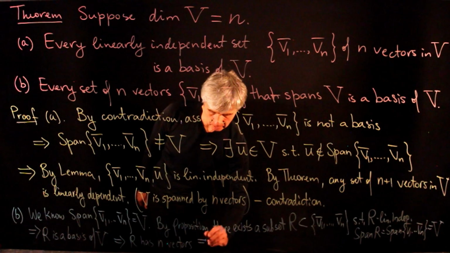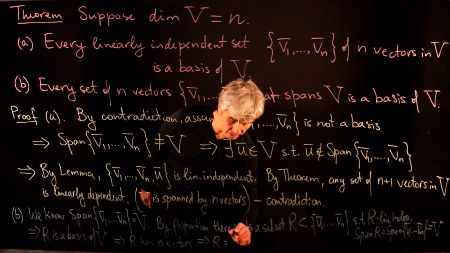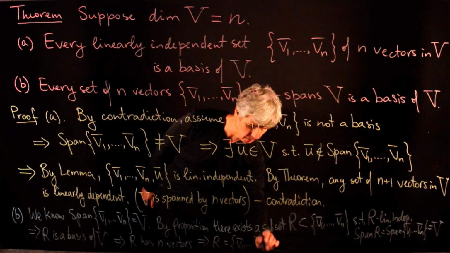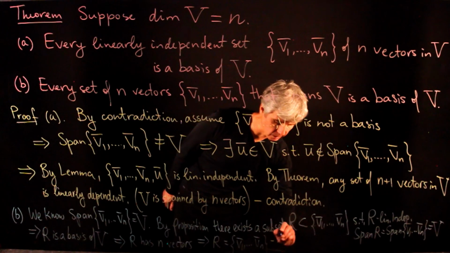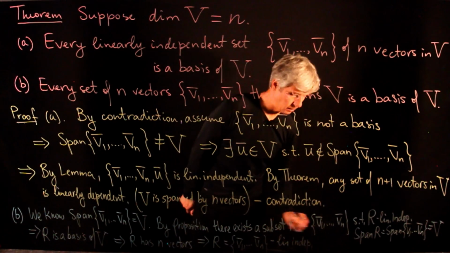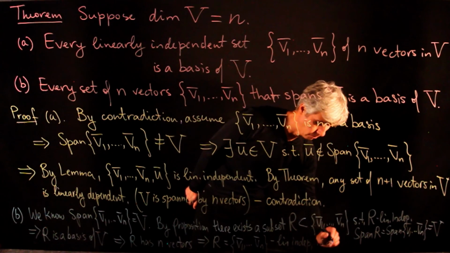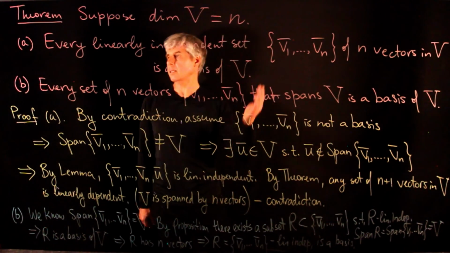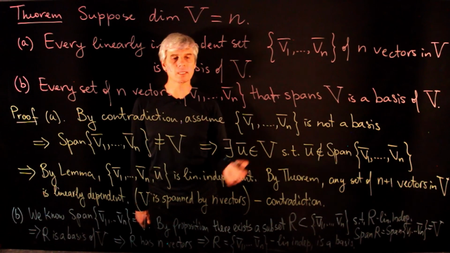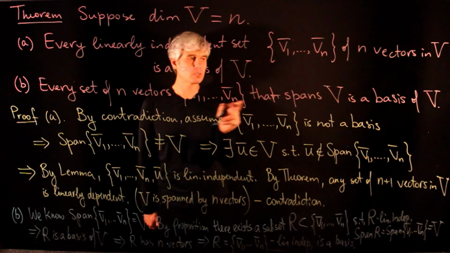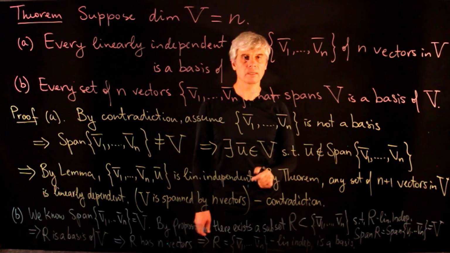And so this tells us that R is equal to V1, ..., Vn. And this shows that this set is linearly independent, and so it is a basis. And this completes the proof of this theorem. So here we proved that every set of n vectors that spans V is a basis of V.